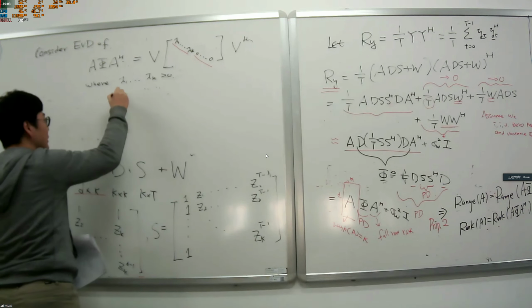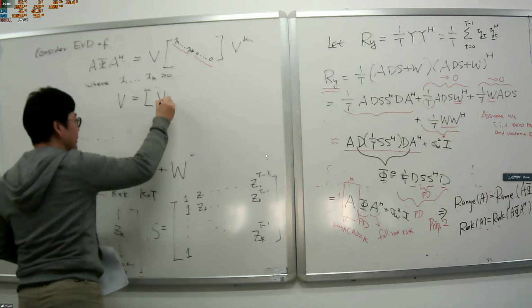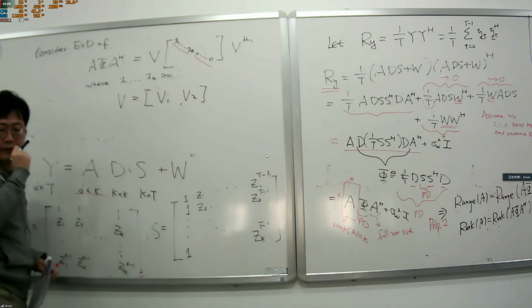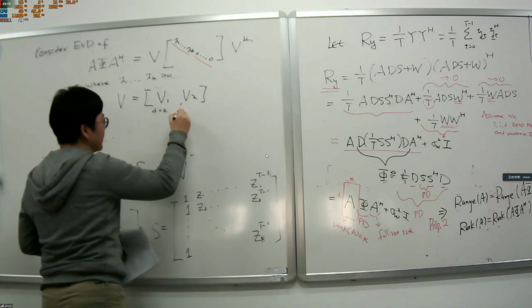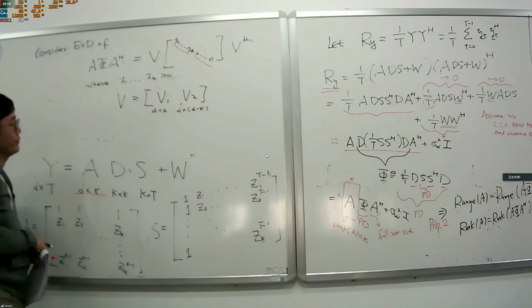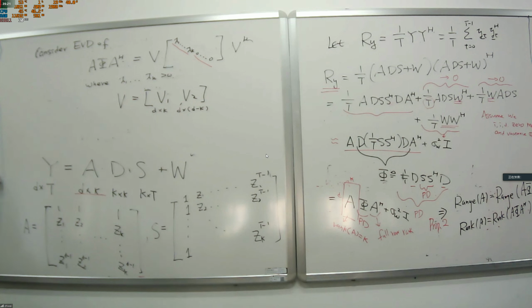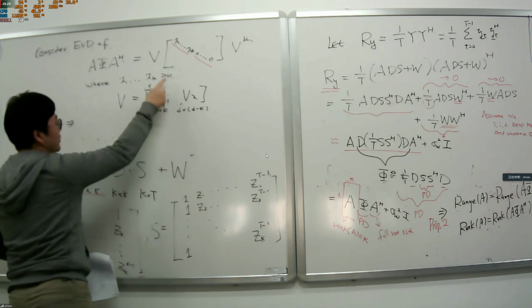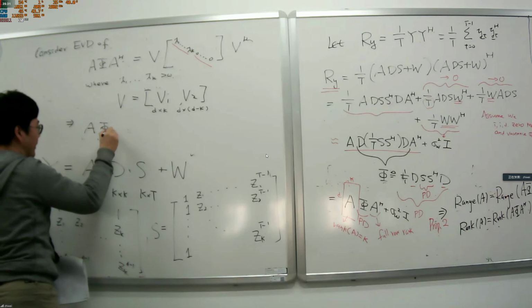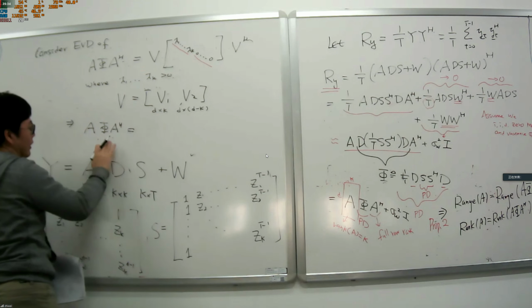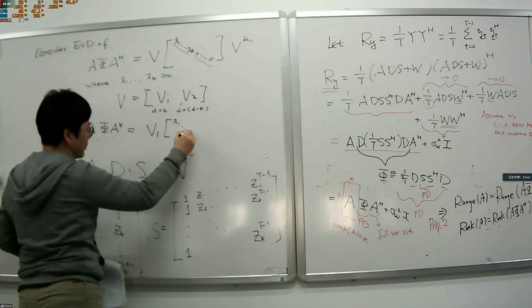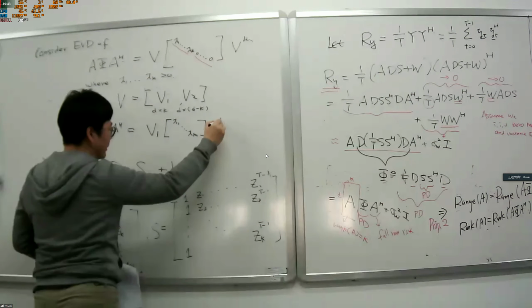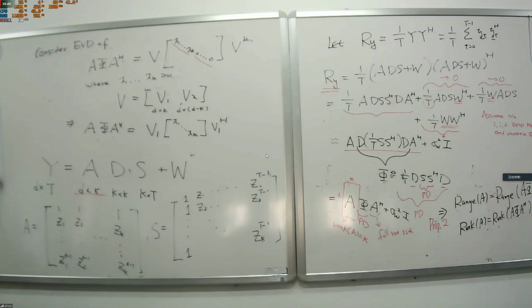So you can partition V into V1, V2, two parts, where V1 will be D by K, and V2 will be D by D minus K. And so you substitute this partition into here, so you see that A phi A Hermitian can be written as V1 diag(lambda 1 to lambda K) V1 Hermitian.